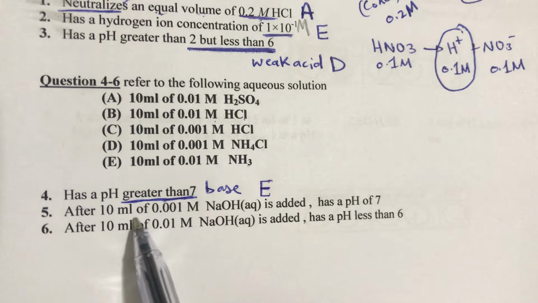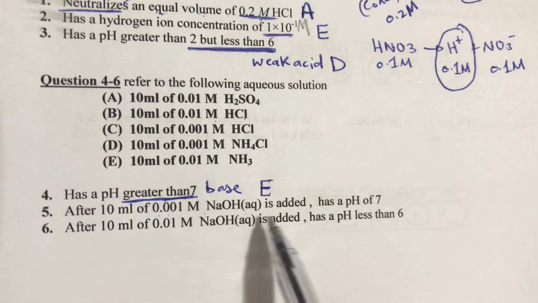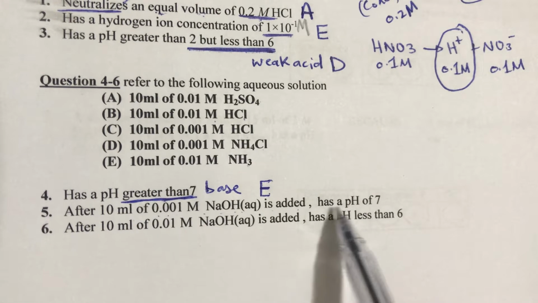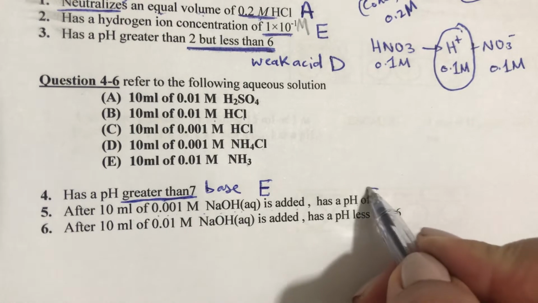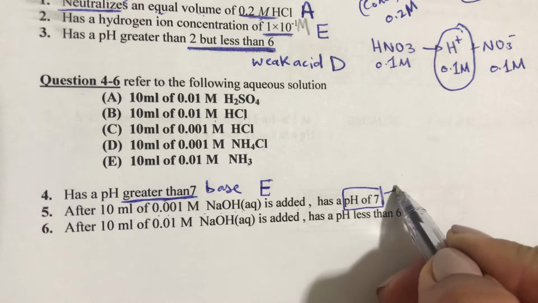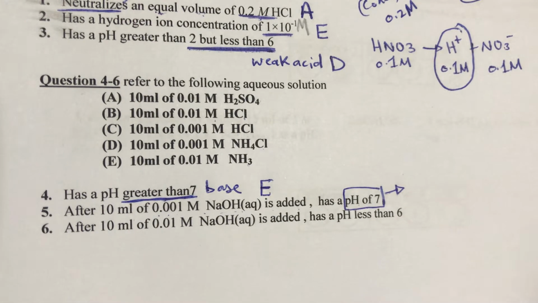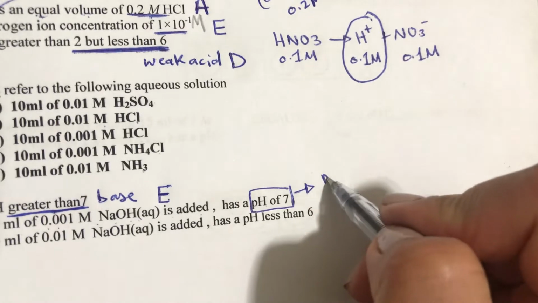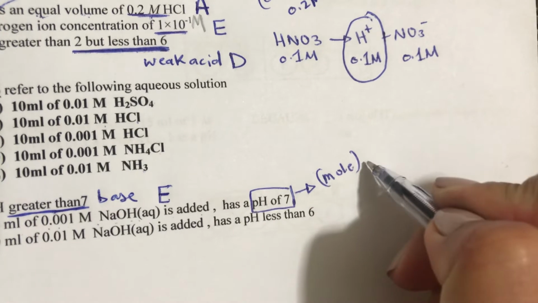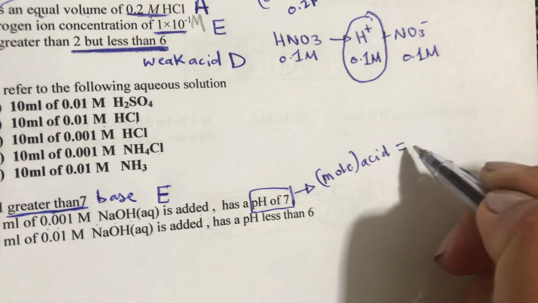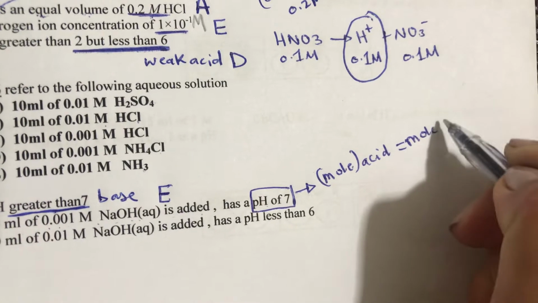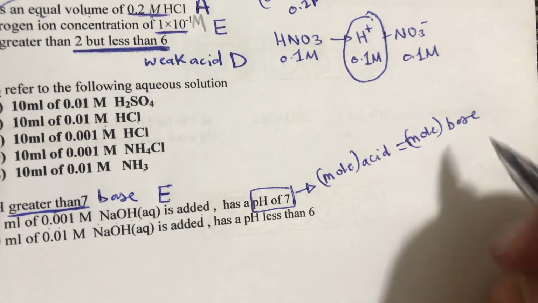Question 5. After 10 ml of 0.01 molar NaOH is added, has a pH equal to 7. pH equal to 7 means neutral. Neutral means moles of acid equal number of moles of base.